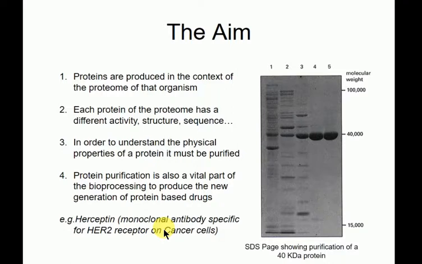Sepsis caused by Staph aureus in the blood. One of the major drugs you can use is an antibody that recognizes the fragments that Staph aureus is releasing to activate the immune system. So things as disparate as a bacterial infection and cancer can both be treated by protein-based drugs.